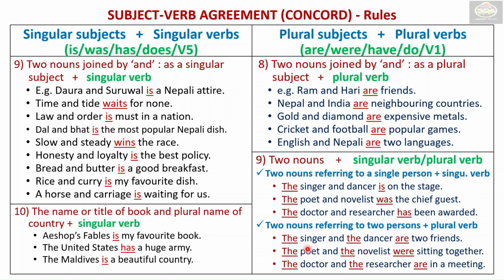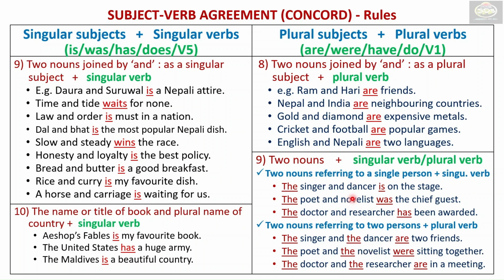But look here, the singer and the dancer. There is the use of two "the"s. If there are two "the"s, it means the singer is a different person and the dancer is a different person.